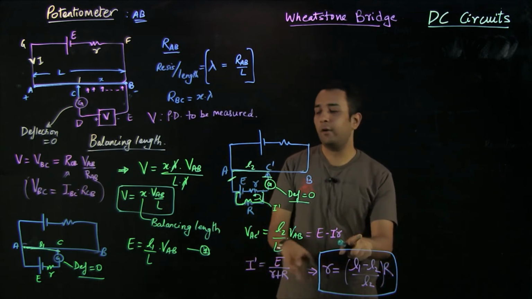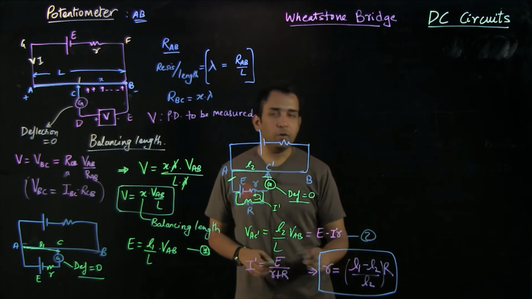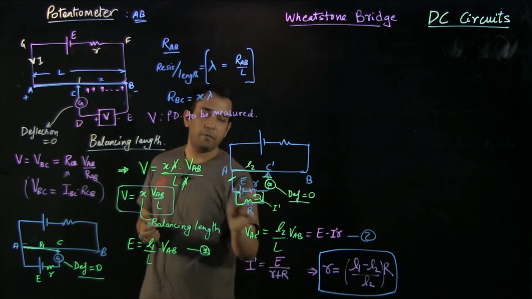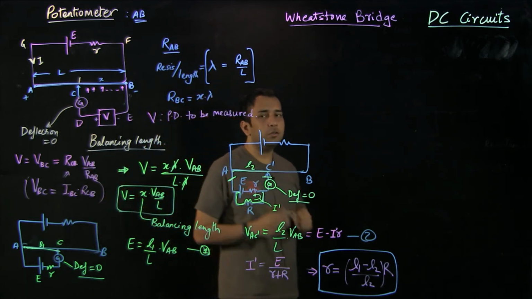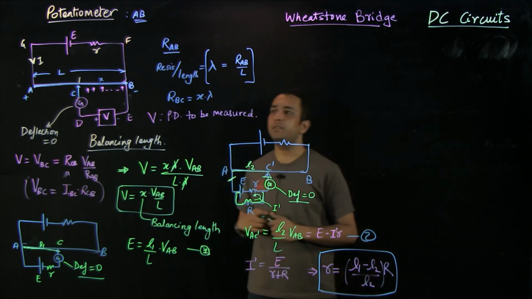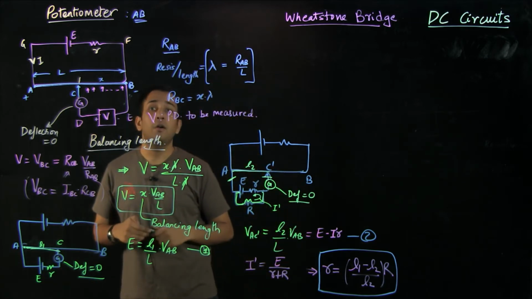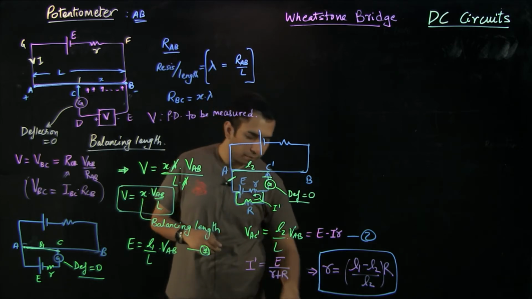And using the second equation and the first equation, we can find out the small r in terms of the balancing length and the R which we have introduced. So overall, the potentiometer is a very useful device, and most probably in your physics lab experiments and in future as well, you will be using this device again and again, more than you will use ammeter or voltmeter devices.